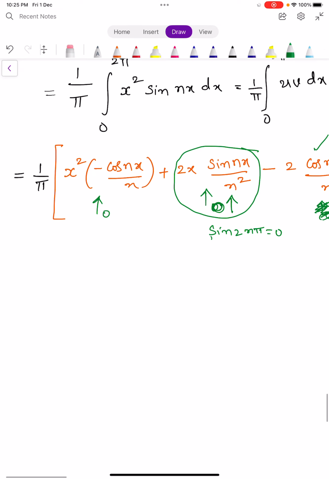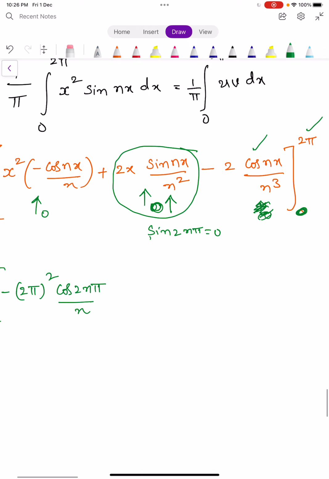So now we go for the upper limit. 1 by pi, x square means minus already there, 2 pi whole square cos 2n pi divided by n. The second term is completely 0. The first term is also 0 for the lower limit whenever you substitute x equal to 0.